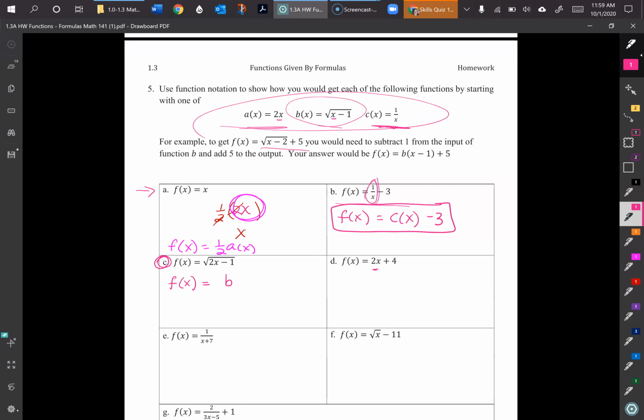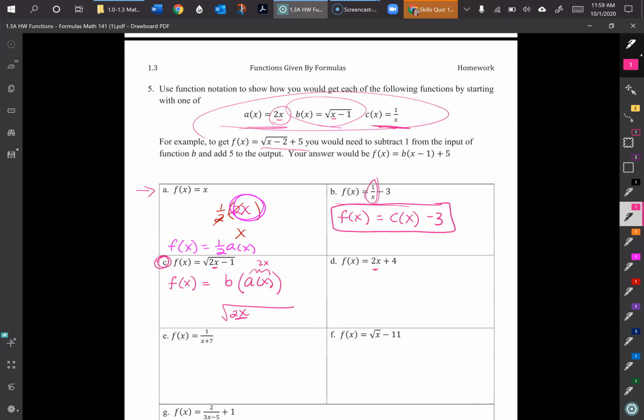But if I were to take b of a of x, because I have a 2x there, then that will work for me, because basically what I'm doing is this is 2x, so I'm substituting that into the b function as x.